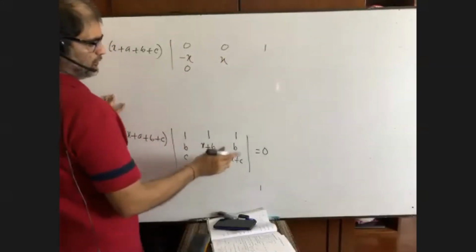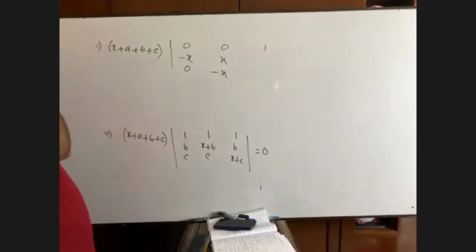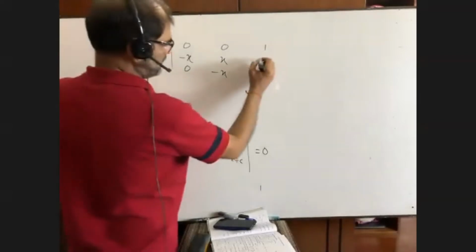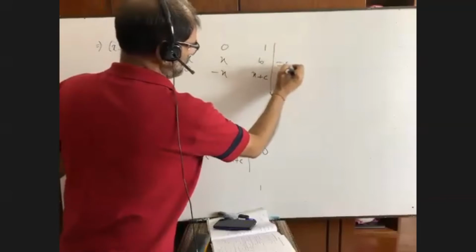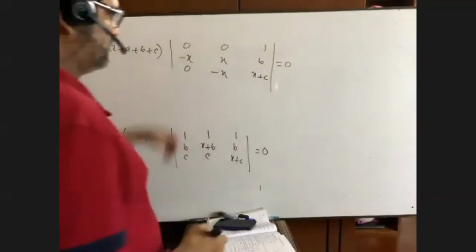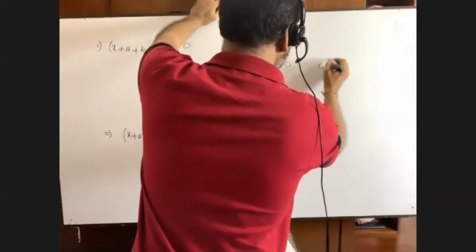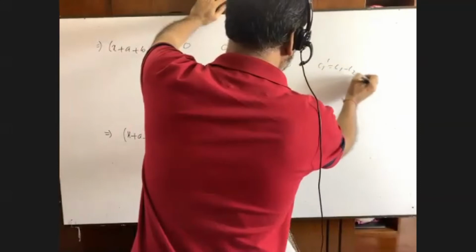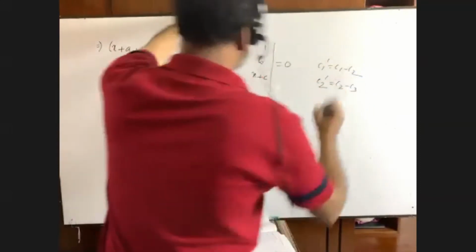It is only minus x. Have you seen it? Then here we are getting b, x plus c equal to 0. What you have got here? I have subtracted column 1 equals column 1 minus column 2. Column 2 equals column 2 minus column 3.